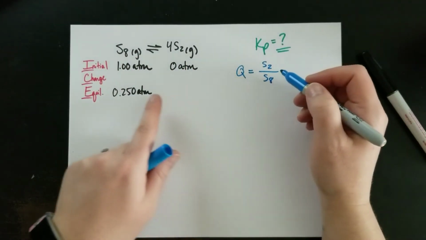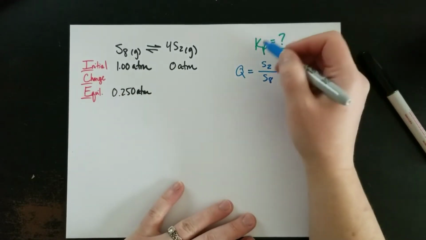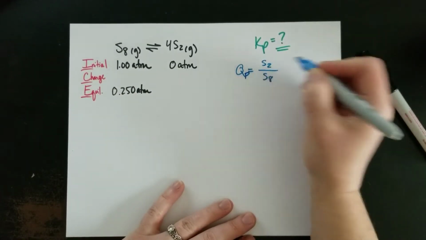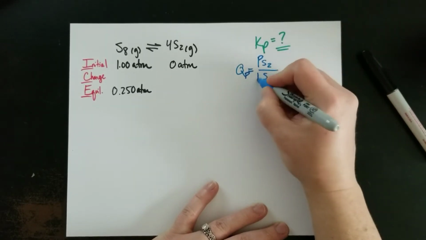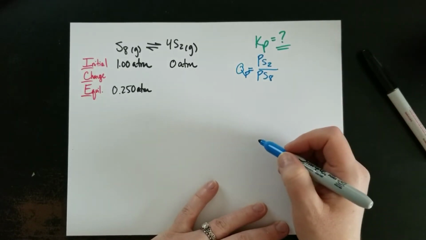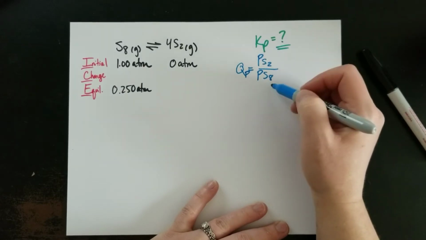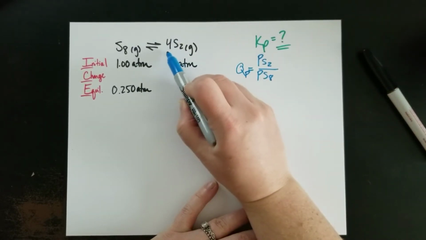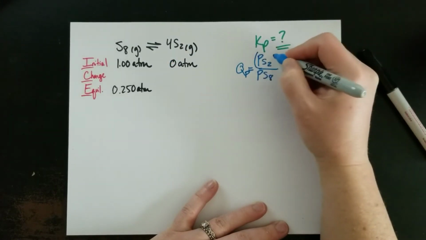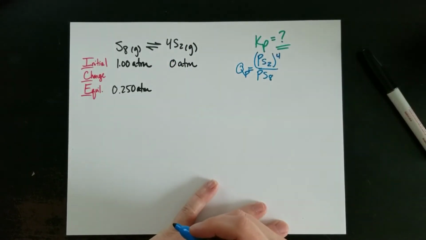Now I'm dealing with pressures in this problem, and I'm looking to solve for a Kp, so I'm thinking about Qp in this case, and that means this is the pressure of the S2 and the pressure of the S8 in this expression, products over reactants. And then those of you that are following really closely here are going to notice I forgot my 4 out in front here of the S2. That's going to be to the 4th power here.